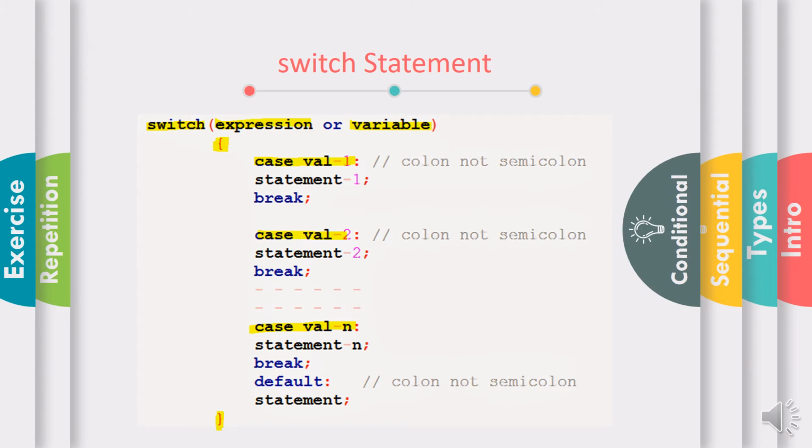We write down the reserved word case and then the value in front of case, and after mentioning this, please notice that in the end of case statement there is no semicolon but a colon sign is there. After this, we write down the statements that are to be executed.